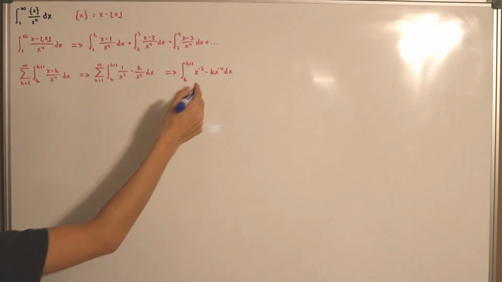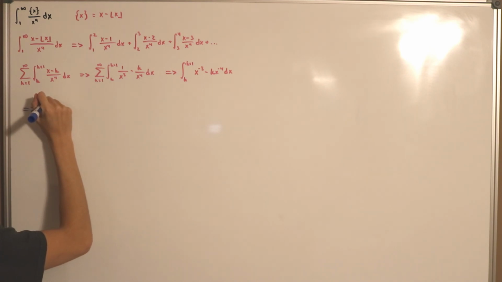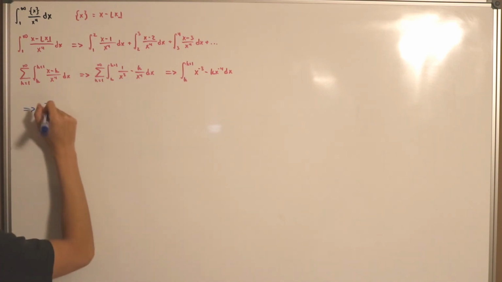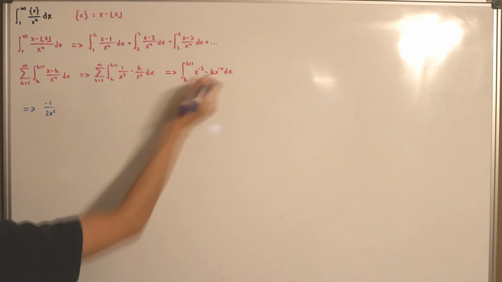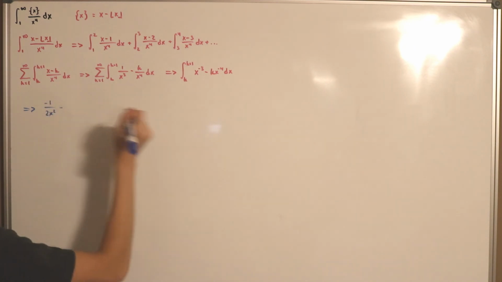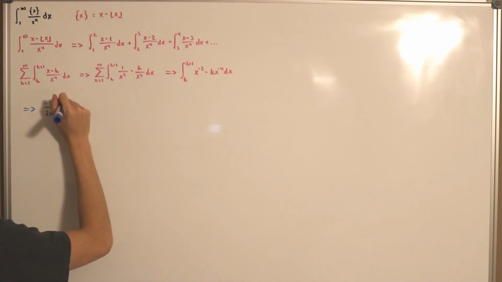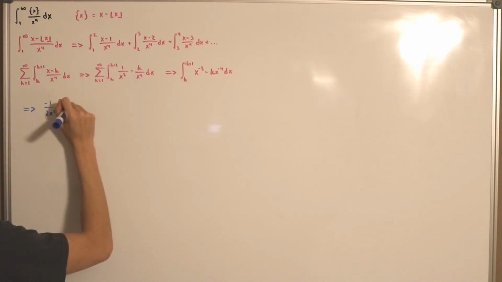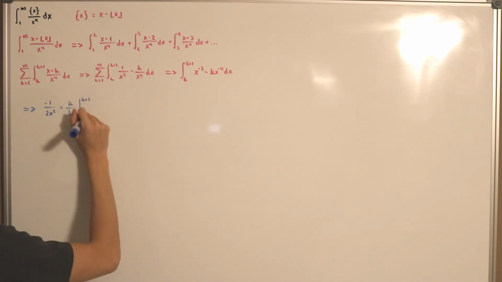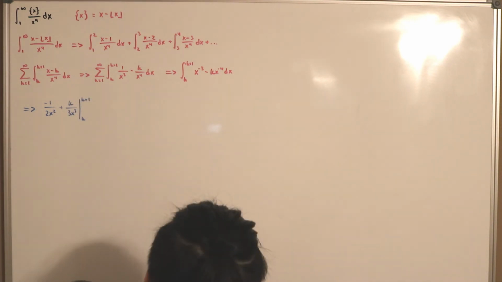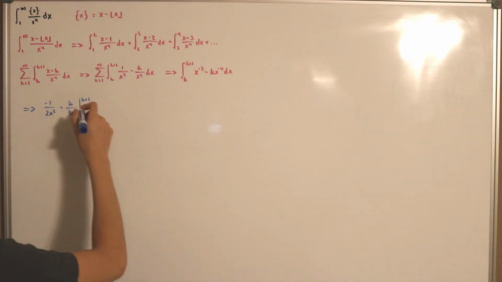This is going to be negative 1 divided by 2x, and then negative 2, so 2 divided by 2x squared, and then plus 1 divided by 3, so this will be a plus, and then this will be k divided by 3x cubed, and then we're evaluating this from k to k plus 1. Okay, nice. And then we can just integrate, and then we can just evaluate through our bounds.